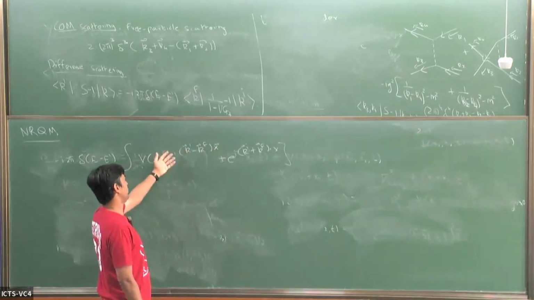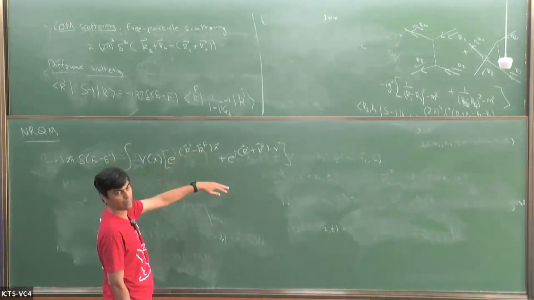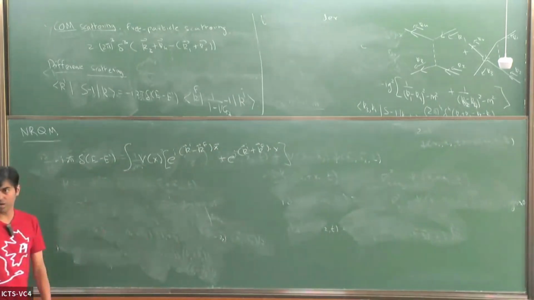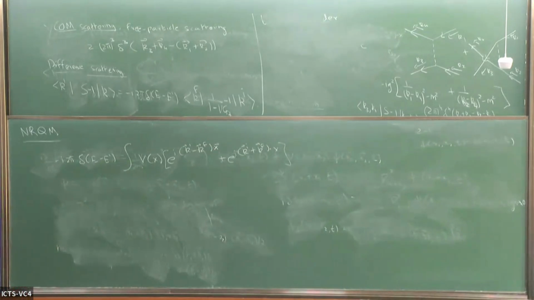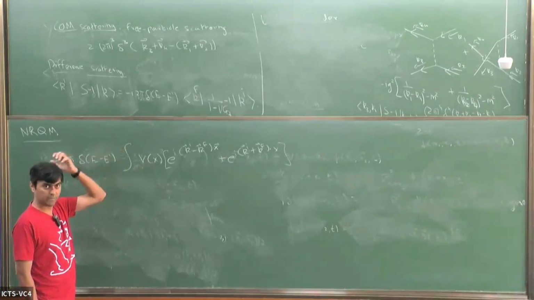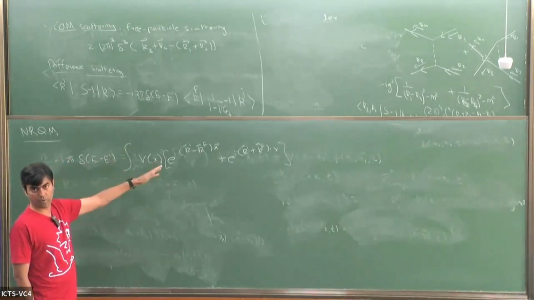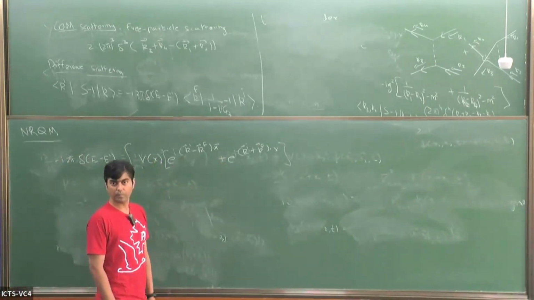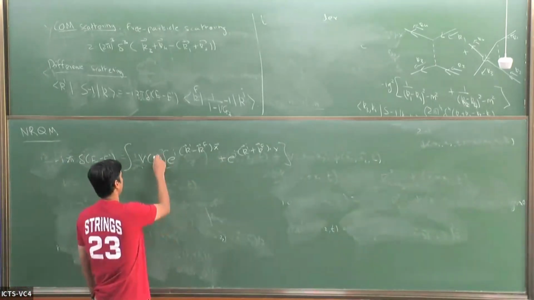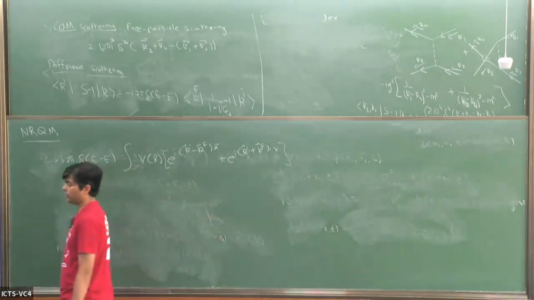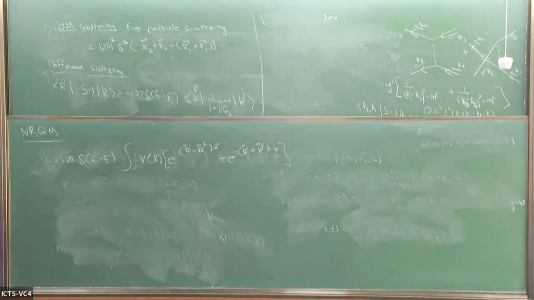There are also terms like −ki − kf and −ki + kf, but they give the same answer, because the potential is symmetric under x going to −x. But the important part is that you get this and that. Do you see this? So this is the answer that we will get if we compute the case of non-relativistic scattering.